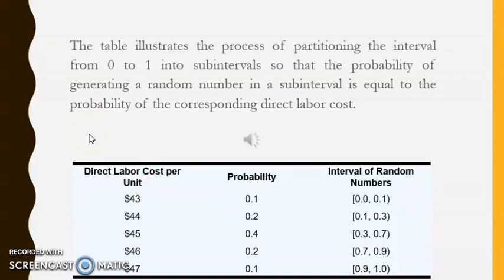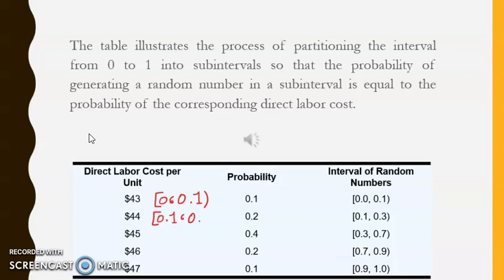I'm going to do it here. So for this one, it starts from 0, and you say between 0 to 0.1, and 0.1 is not included. It would be 43. And then you continue with the upper bound of the previous one. So you say from 0.1, what is the length of probability?